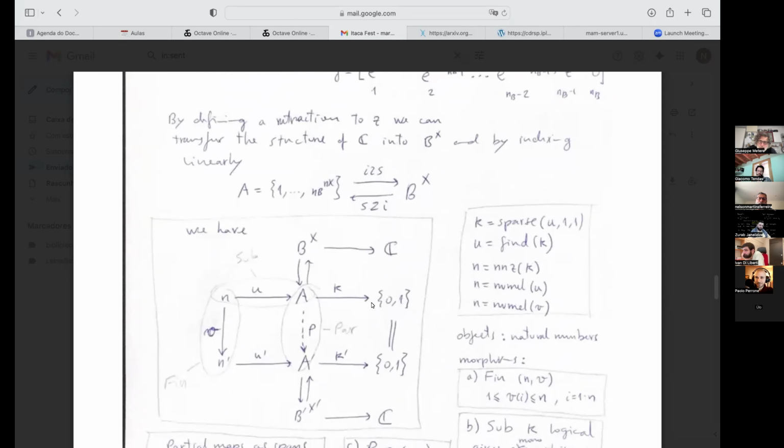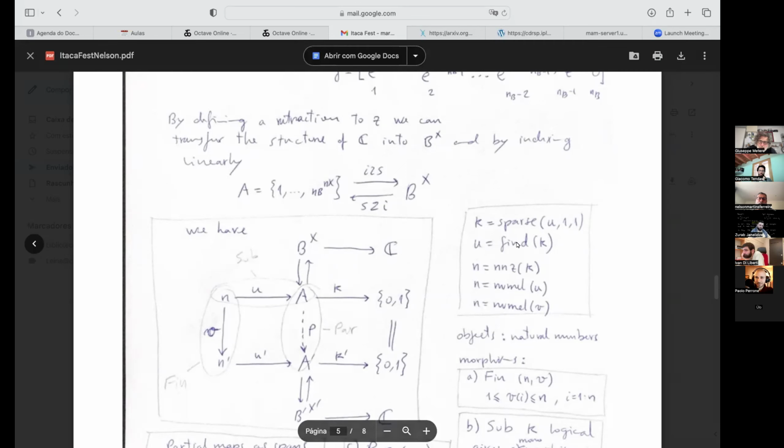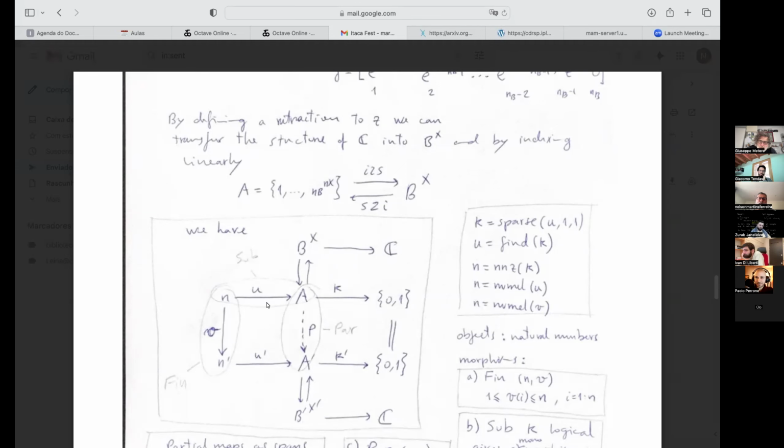And we have logical vectors. If you think of this A as the universe of discourse, but it is already indexed. So everything now is just indexes. Then we are interested in subsets of these indexes. That's why we have this logical vector, which is comparable to a list of unique entries. That's how we get from K, we get U by using find K, and vice versa.